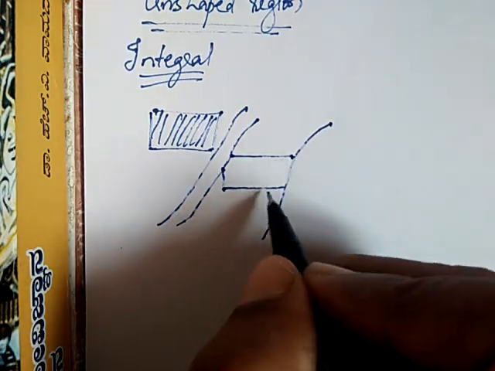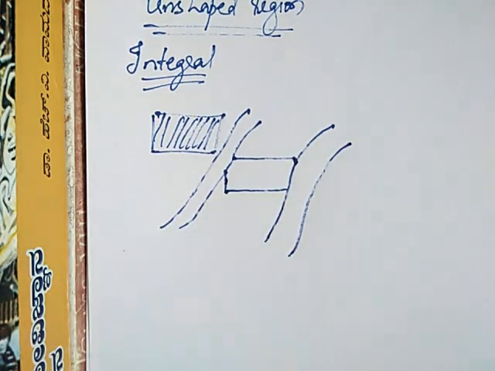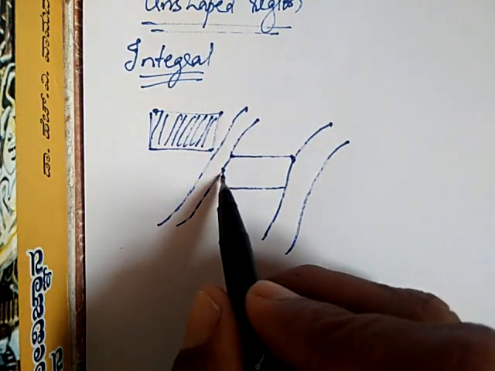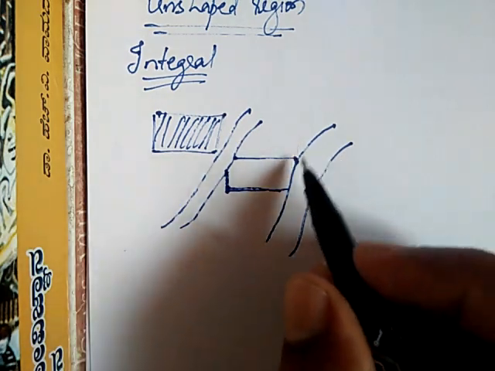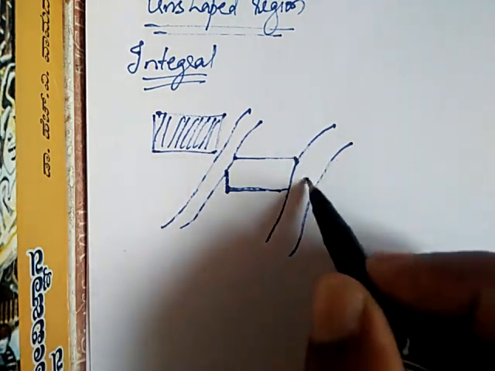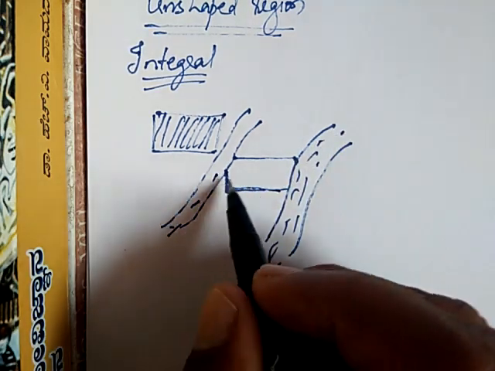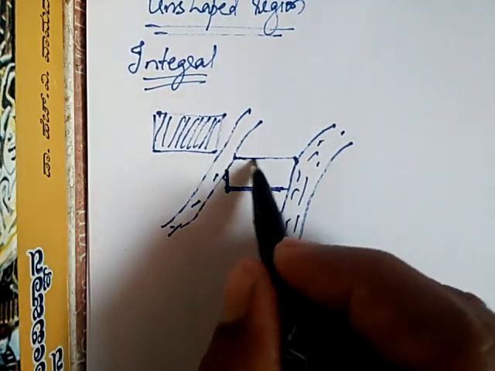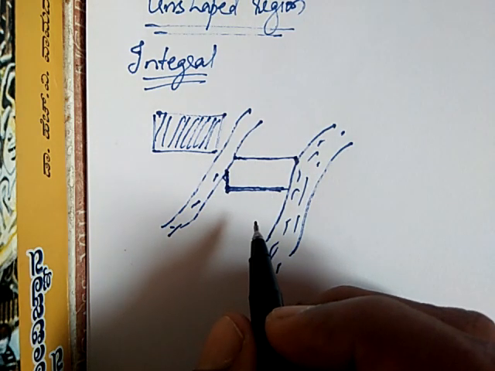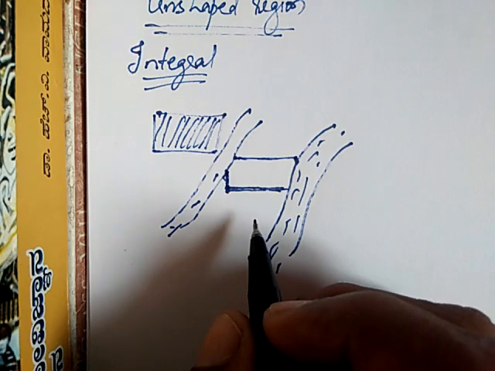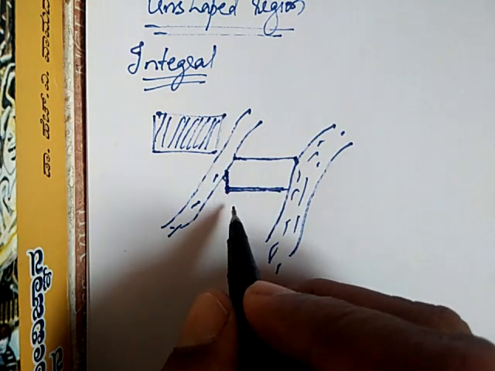If it is a rectangle, you know how to calculate its area, but in between, the river is moving like this on both sides, full of water. So the shape of the rectangle is changed here. At this time you cannot use the formula of a rectangle. Here the shape is completely changed, it is unshaped.